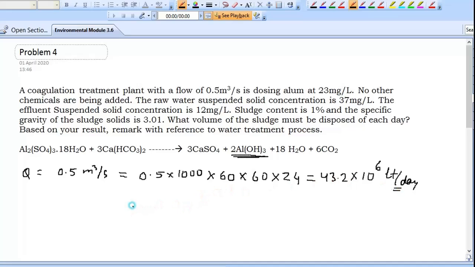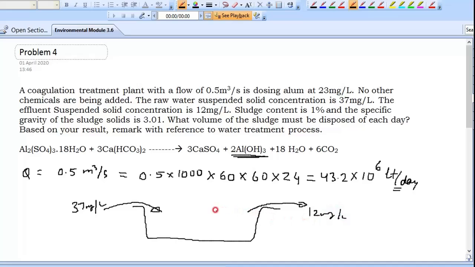interestingly, this is a sedimentation or coagulation tank, and the influent is coming here. The incoming water has a turbidity of 37 mg per liter, and the effluent which is going from here is carrying 12 mg per liter. Then where does that minus quantity go?